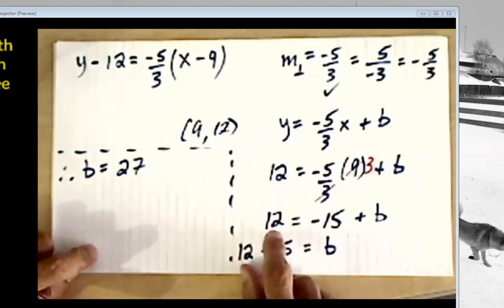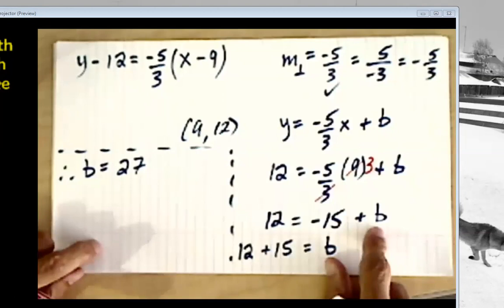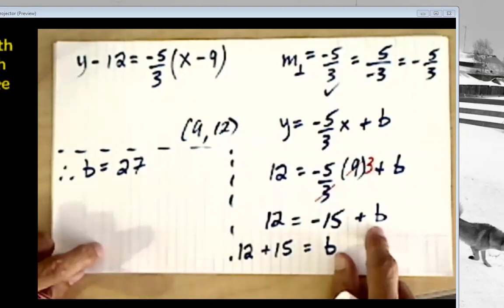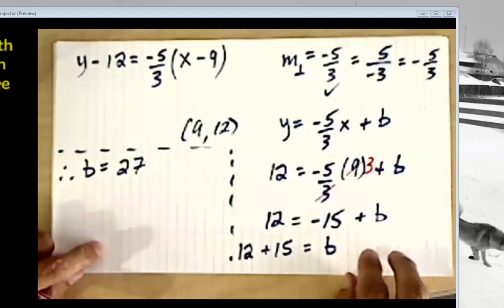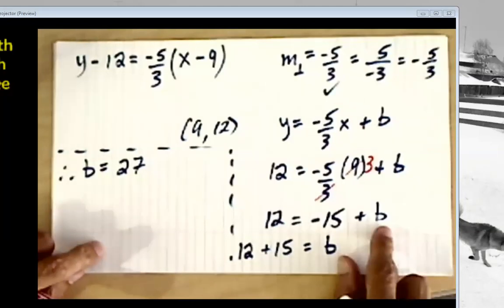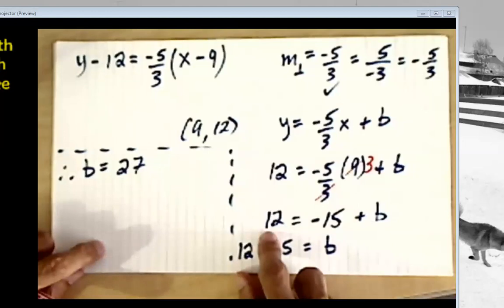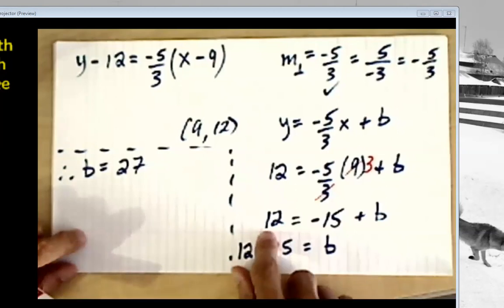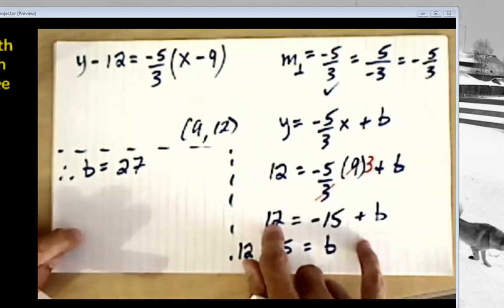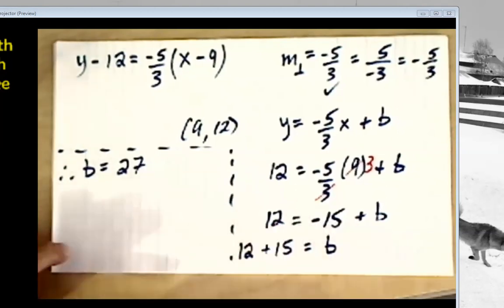Well, the goal is to have positive B by itself. So if you have everything on the right-hand side equal to 0, see, B's not by itself. There's still more steps to do, right? So what would happen? The B would go over, but it would become minus now. And then you'd have minus on that side, minus on that side. Ends up being positive anyways. Just a couple steps longer.